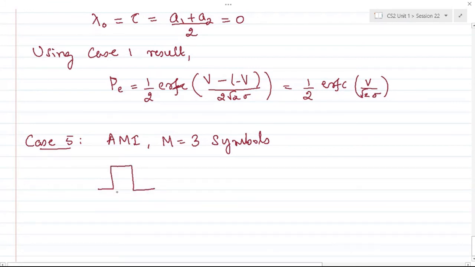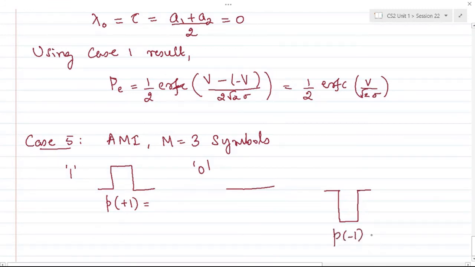So if I say this is the representation of bit 1, the probability of occurrence of plus 1 is what? I'll come to that. Bit 0 is represented as just 0. Again, the 1 can be represented as inversion of this. Alternatively, we are going to mark this bit 1 as plus V and minus V.